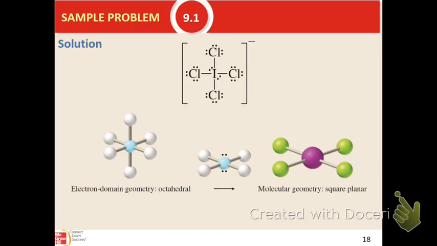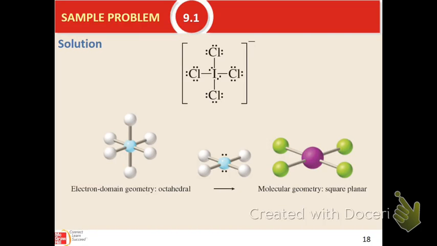square planar, like at the very bottom of page 369, that AB4E2, because it has 2 unshared pairs of electrons, and it's really going to push everything away, even though it looks like it should be octahedral because it has those 6 domains.